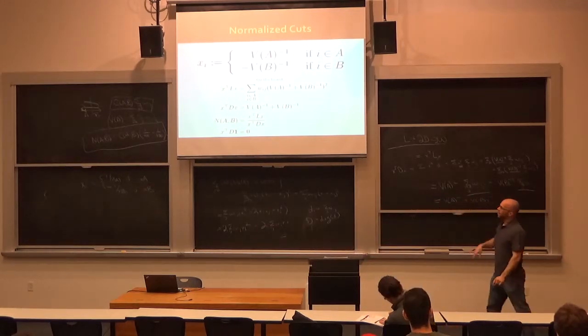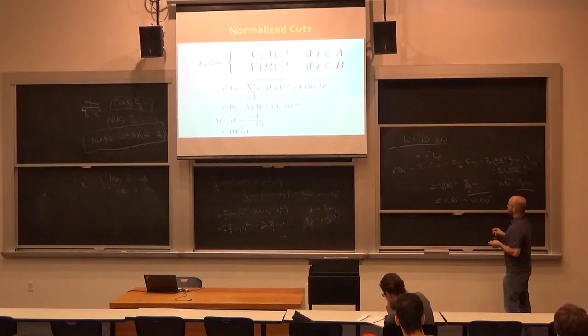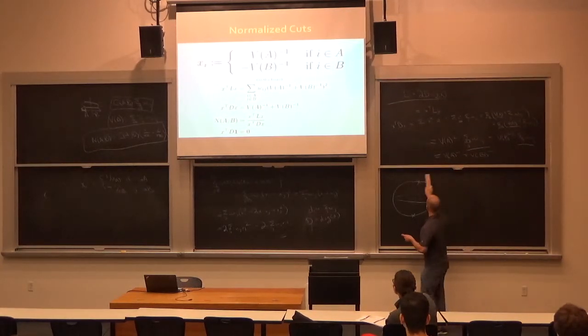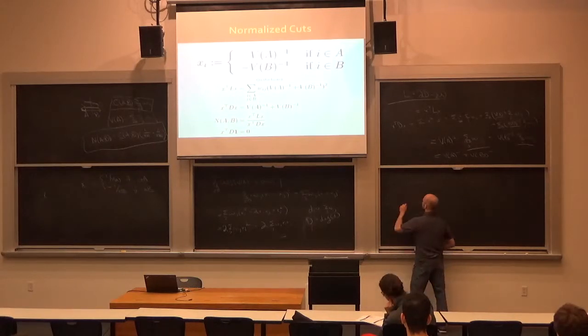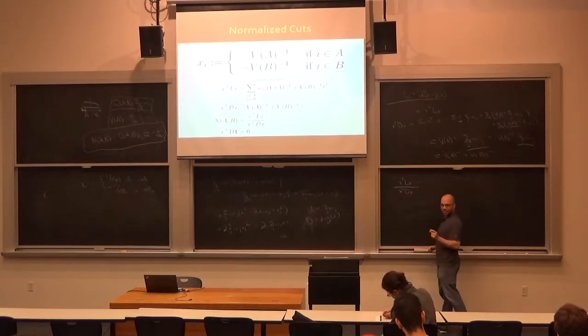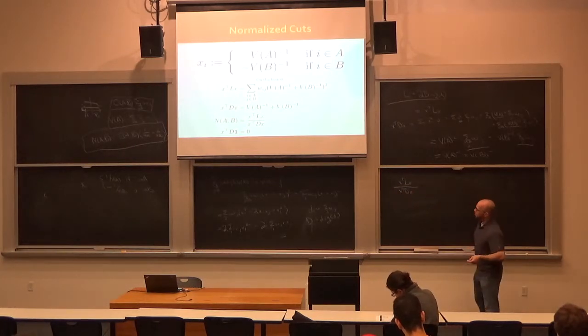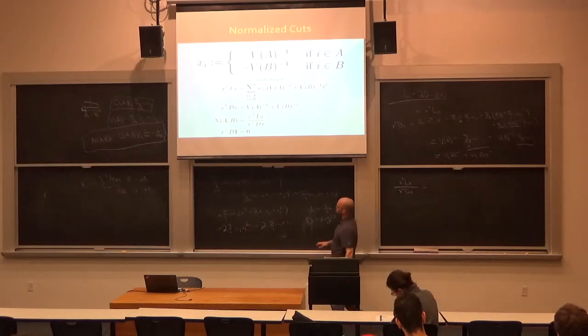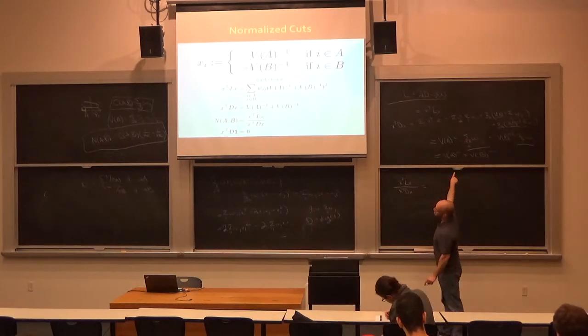Okay, so in particular, what is x transpose Lx divided by x transpose Dx? Well, now we have a formula for it. It's equal to this thing divided by this thing.